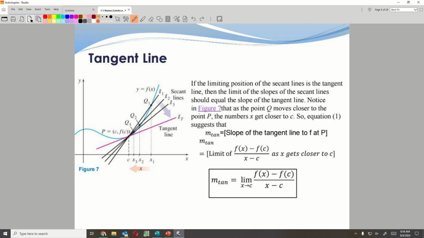So that number is approaching 0. Instead of actually having 2 points, it's going to be 2 points that are really, really close together, to the point that they are so close together they are mathematically the same. And that's what we do to go from the secant line to get the slope of the tangent.